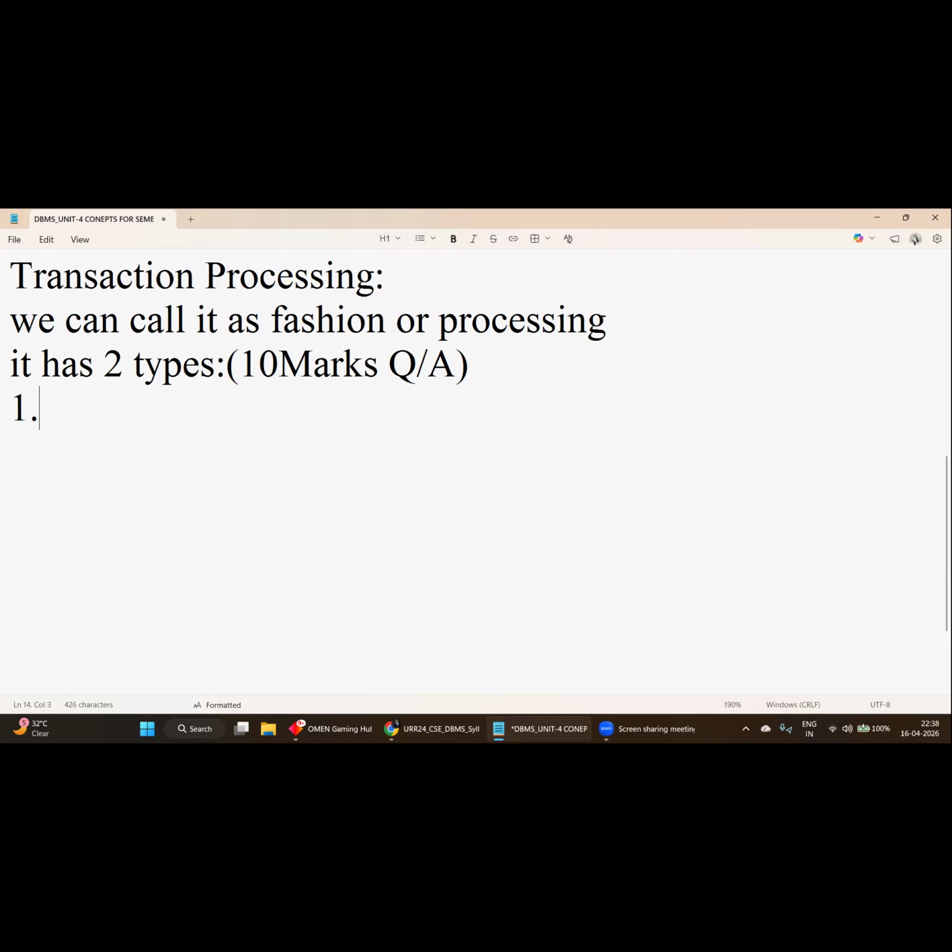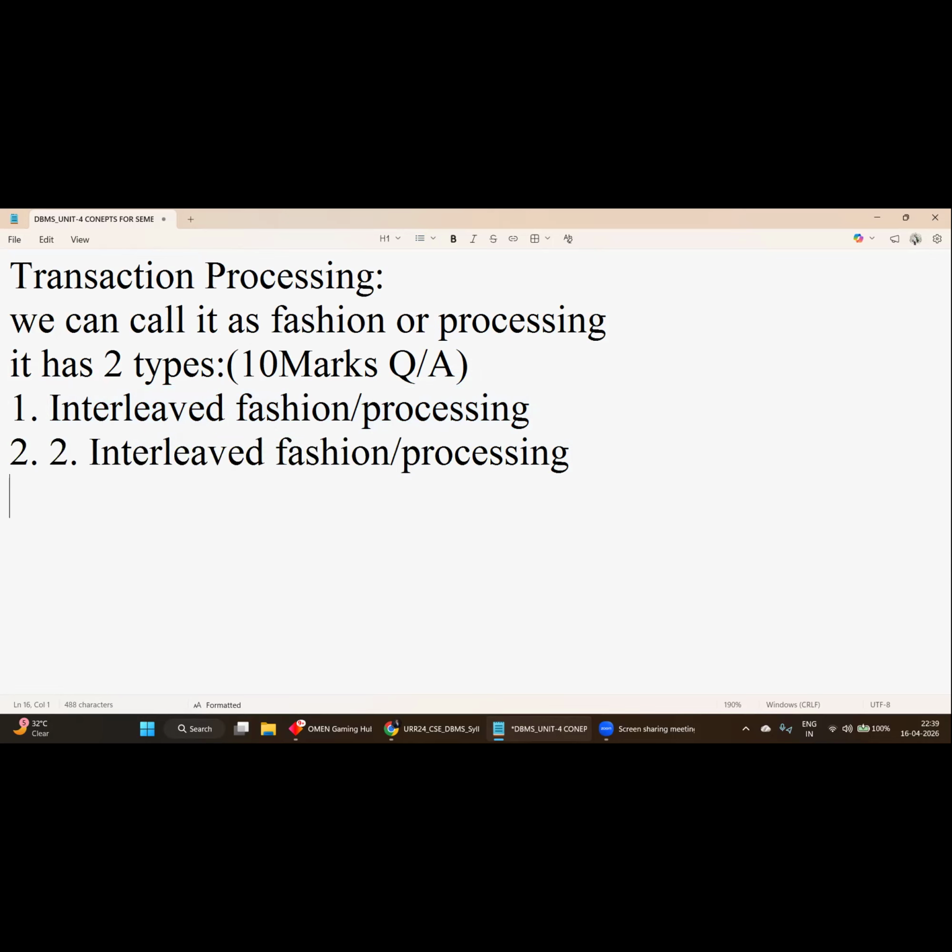Now the first type is interleaved fashion or processing. And the second one is parallel.